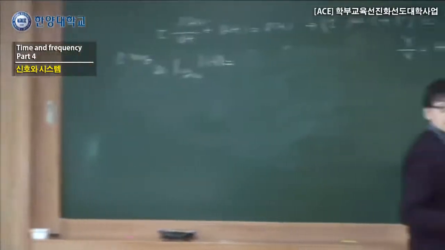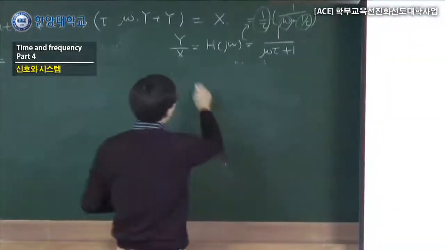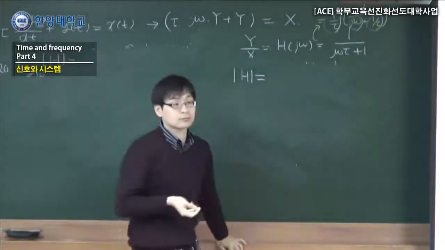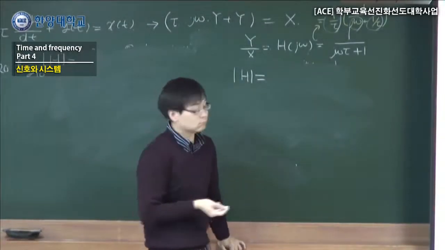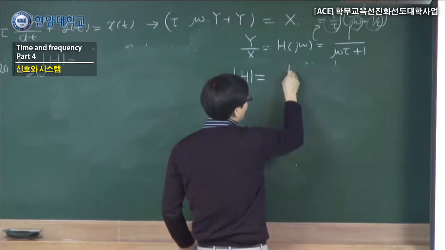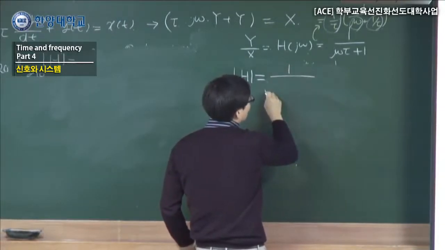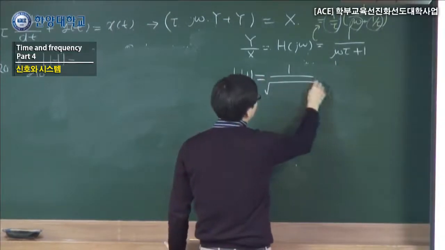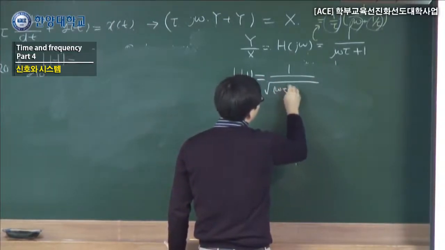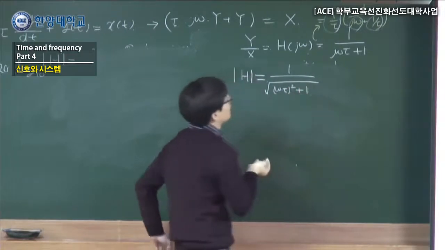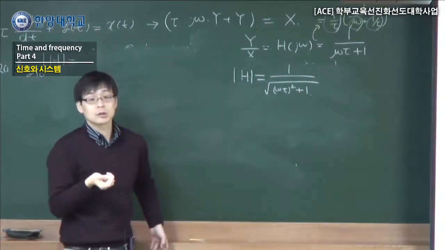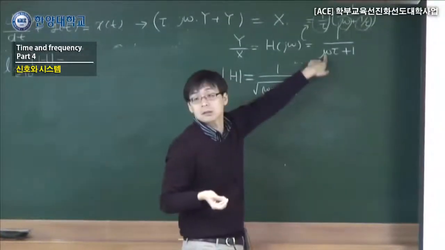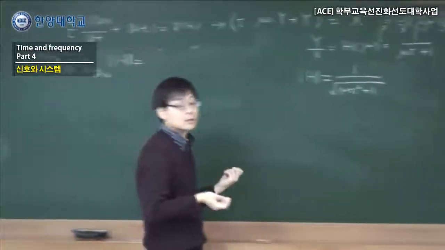What is the amplitude of this? What is the absolute value of h? Right? So the numerator is 1. The denominator will be the square root of omega tau squared plus 1. That's our amplitude, because this part is real and this part is complex, so we calculate like that.